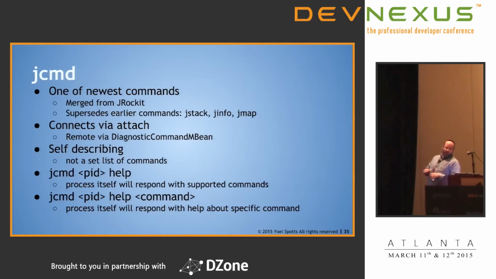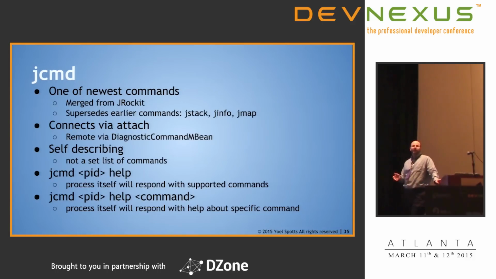All right, so the last of the attach API tools is, I don't know what they call it at Oracle, I call it JCommand. Sounds a lot better than JCMD. And that's probably the newest of these commands. It was actually merged in when Oracle purchased Sun, so they started merging the two JVMs.